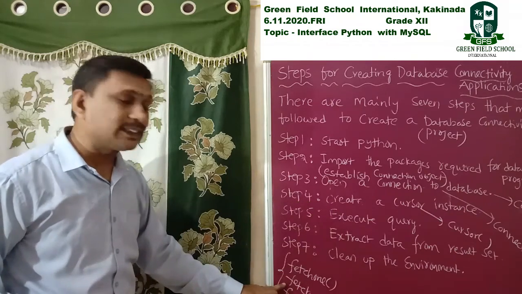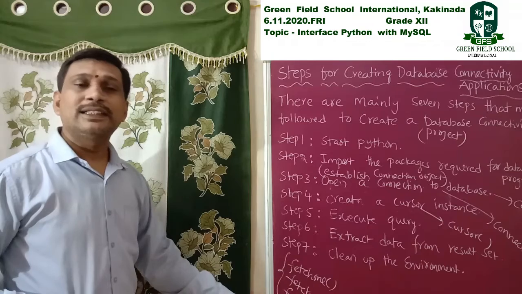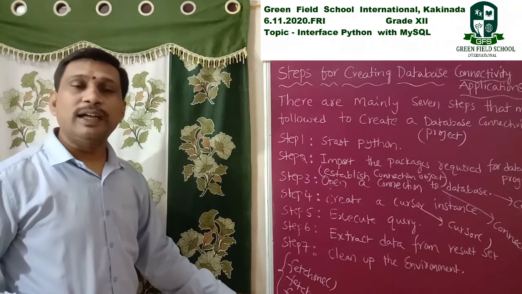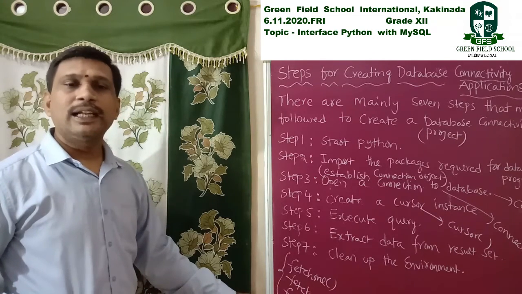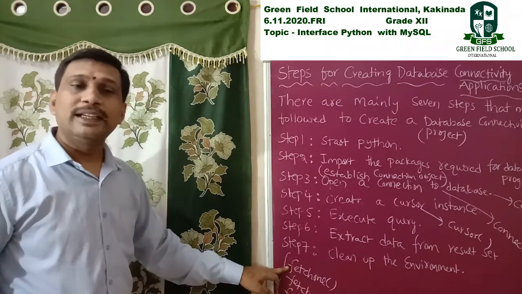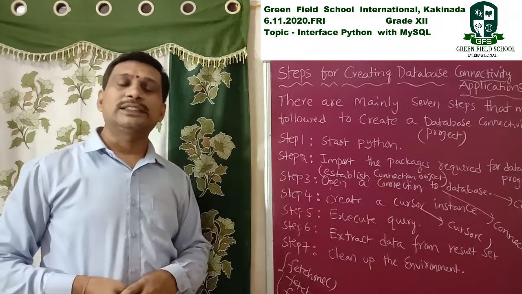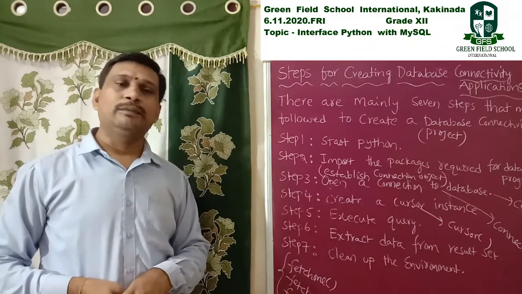We use any one among these three methods according to the requirement of the database programming. Fetchone means we process only one record at a time.